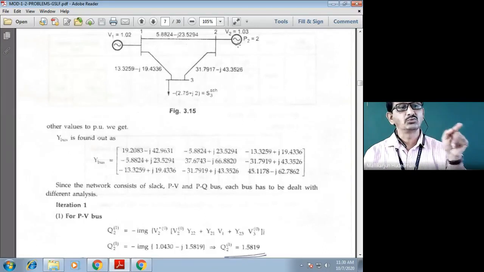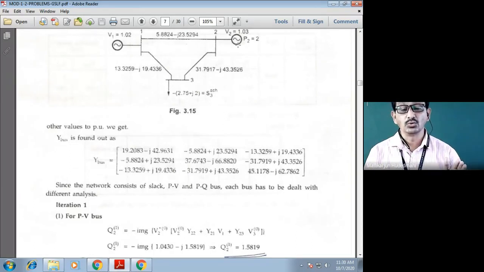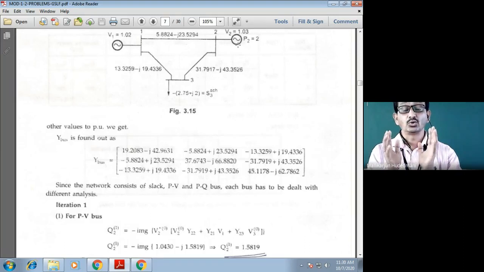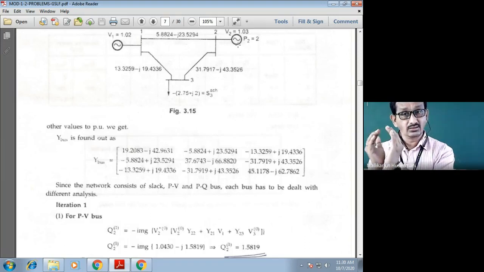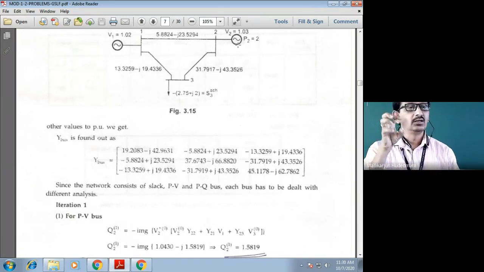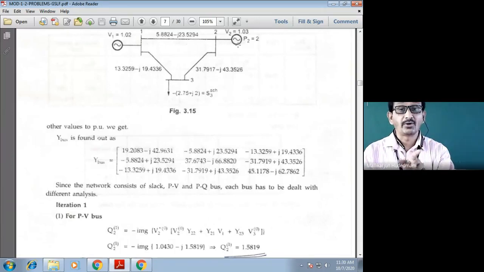Therefore, V2 minus V1 into Y21 and V2 minus V3 into Y23 give me the total current rushing out of bus 2, into that numerical value with voltage of bus 2 conjugate. That gives me complex power total, active and reactive. Reject the active, only pick the reactive. That reactive power, where the minus is already there, is minus of the imaginary part of the reactive power inside the bracket.